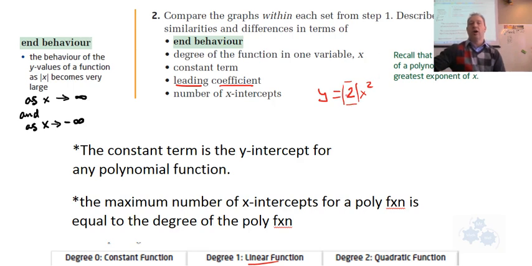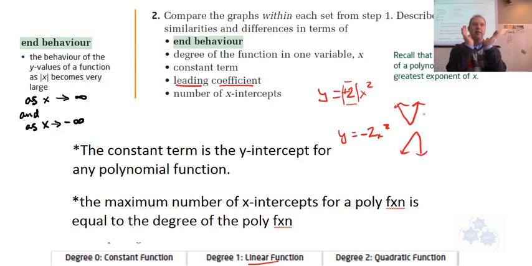So if this is positive, it opens which way? The parabola opens upward, right? If this is y equals negative 2x squared, the parabola opens downward, right? So that's going to affect the end behavior. Quadrants 1 and 2, or quadrants 3 and 4. All right?